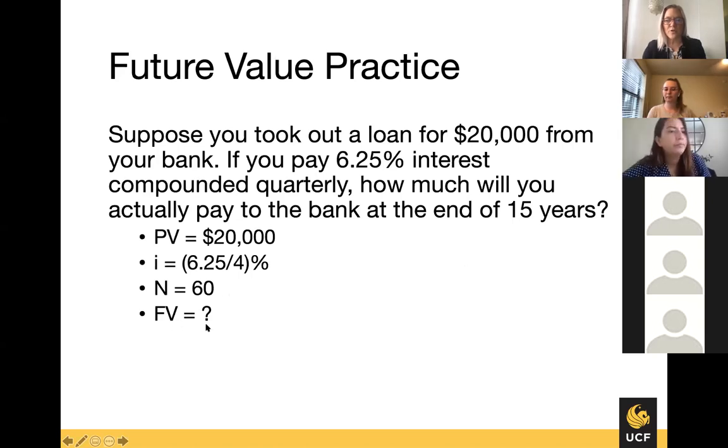And so when we do these calculations, we end up with a future value of $50,702.92. So more than double, about 2.5 times what you actually borrowed, you end up repaying. And so that ends up being a little bit shocking for people when they see this for the first time.